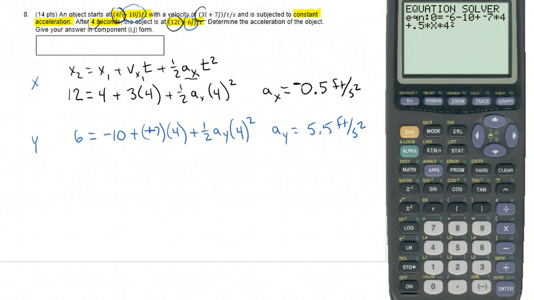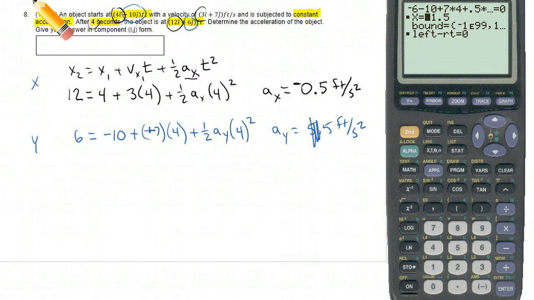In this case, just delete it, and I don't have to retype everything else. Alpha enter, minus 1.5. Okay, I'll buy that. And so I shall fix that right here.